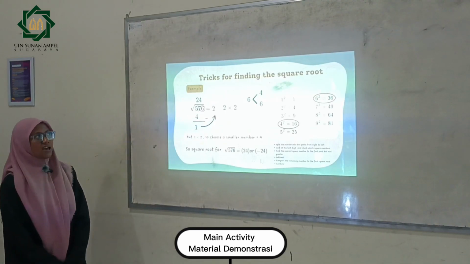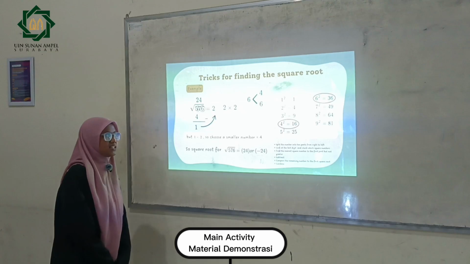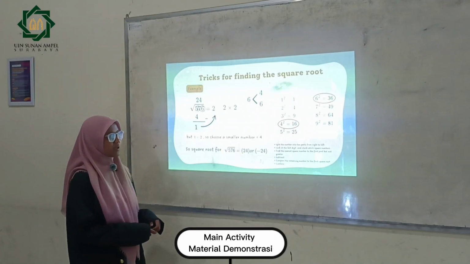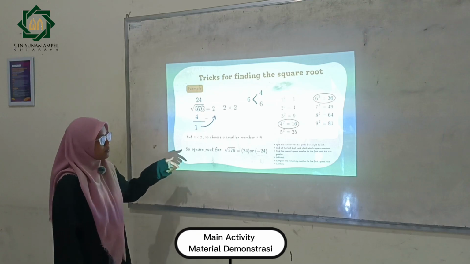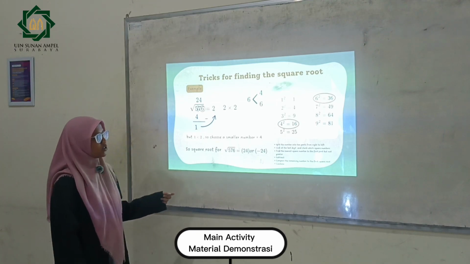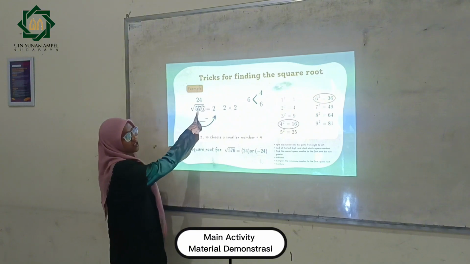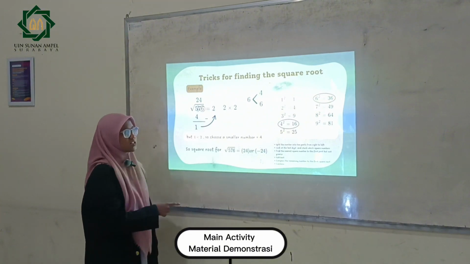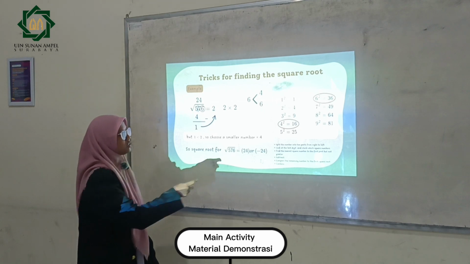Okay, next activity, tricks for finding the square roots, step by step. The first, split the number into two parts from right to left. Look at the last digit, 6, and check which square numbers end in it.